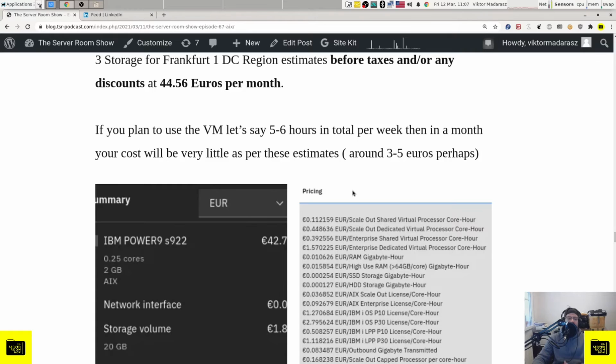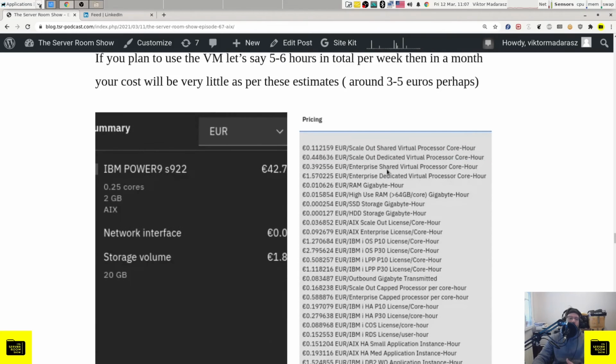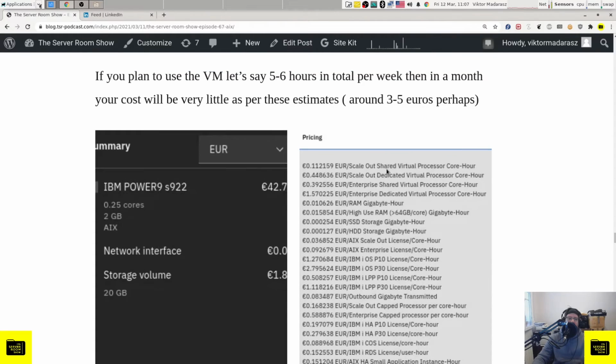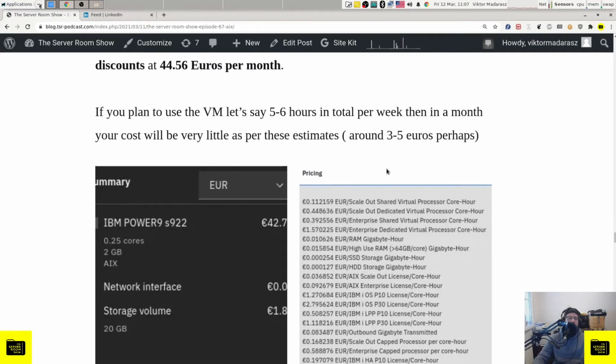If I power it down when I'm not using it, the only thing I'm being charged for the full month is the storage volume, but not for CPU and RAM when I'm not using it.